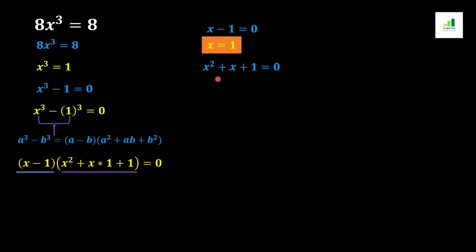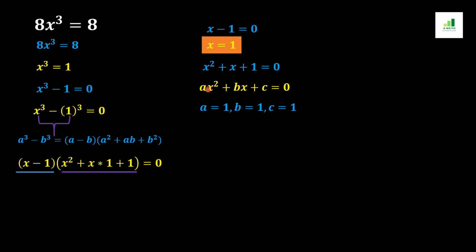It means that here we apply the quadratic formula, and as we know, if we want to apply the quadratic formula on a quadratic equation, first we should compare this equation with the standard quadratic equation, which is ax square plus bx plus c. When we compare this standard quadratic equation with our given equation, we should get the values of a, b and c.